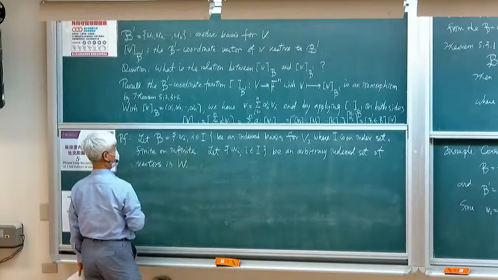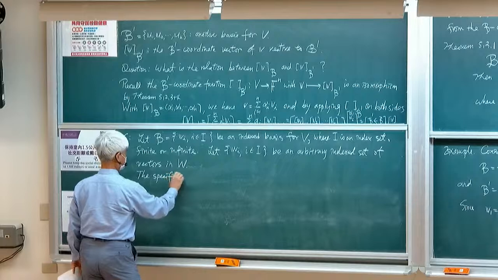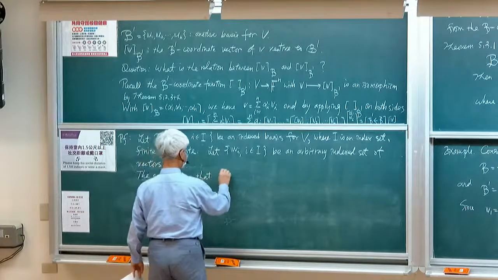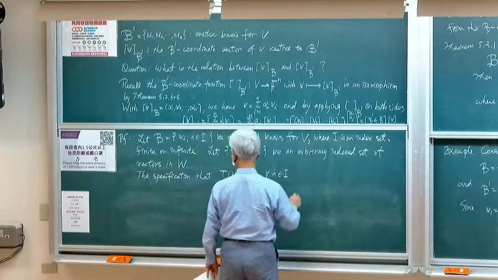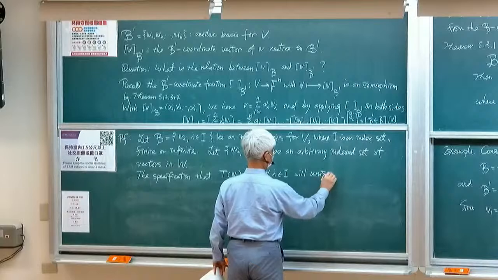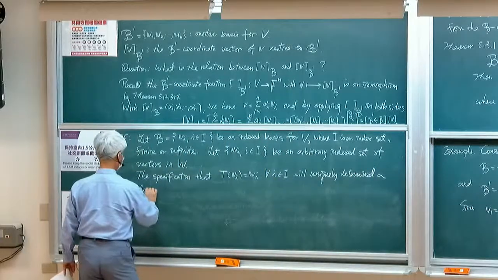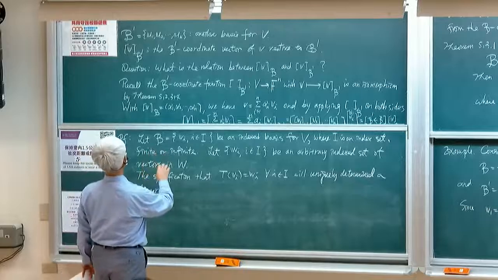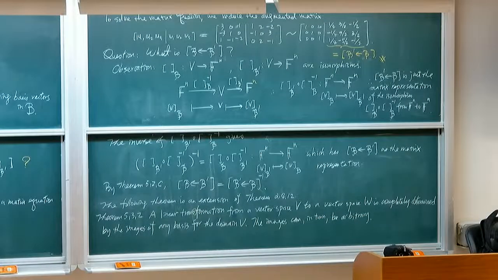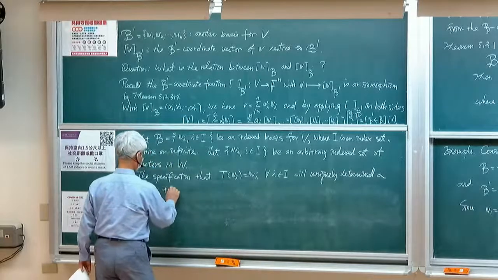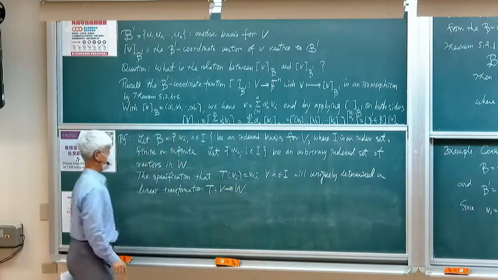All right. So with this setup, the specification that T(Vi) equals Wi for all i in the index set will uniquely determine a linear transformation T from V to W. Right.